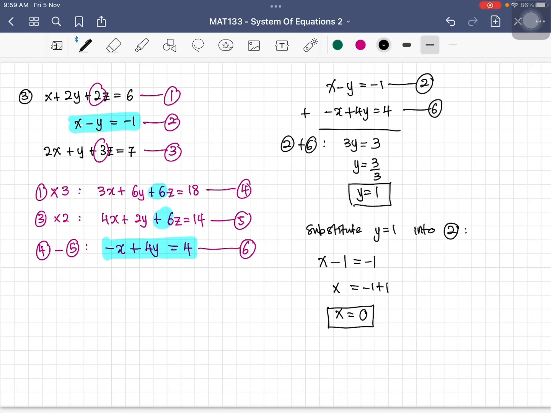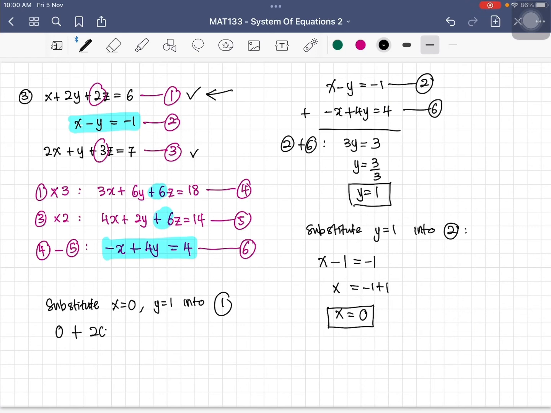Therefore, I can substitute these values into either equation number 1 or equation number 3. Either one is fine. Let me write it here: substitute x equal to 0 and y equal to 1 into equation, let's say I choose equation number 1. So I have x is 0 and y is 1.